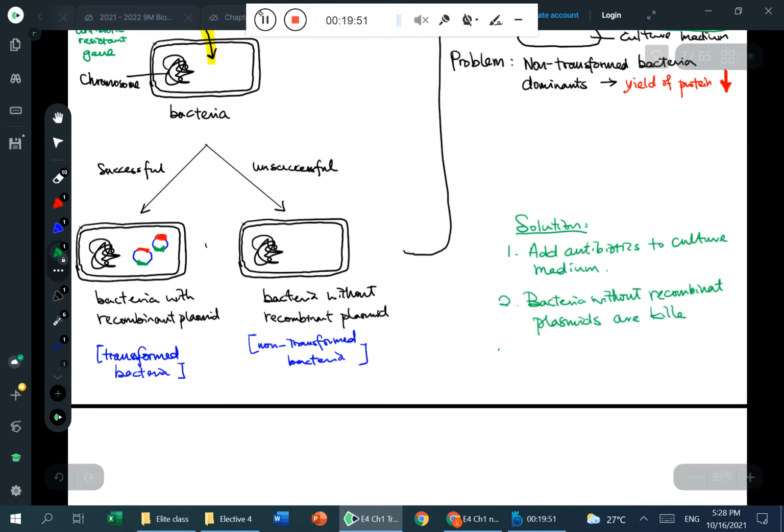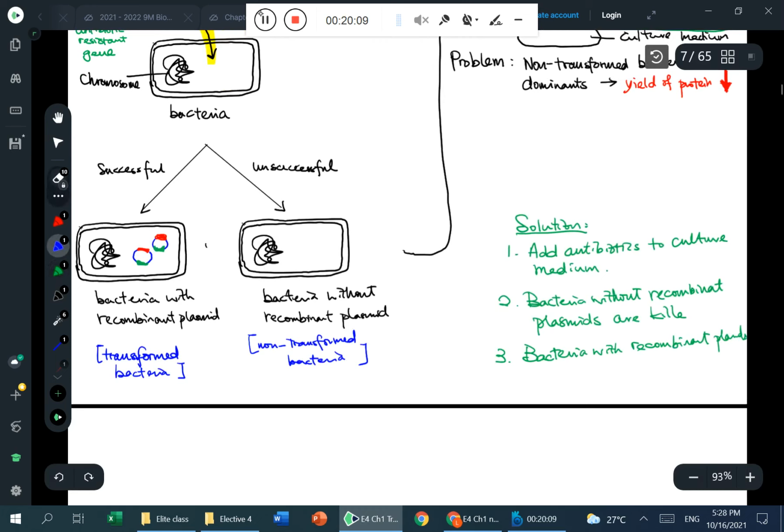While the bacteria with recombinant plasmids are not killed because they have the antibiotic resistant gene in the plasmid.